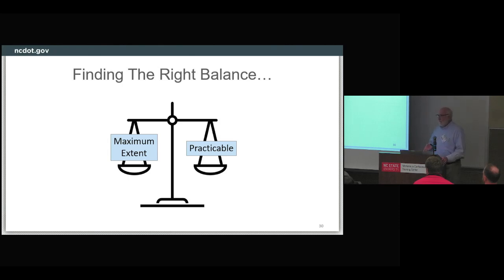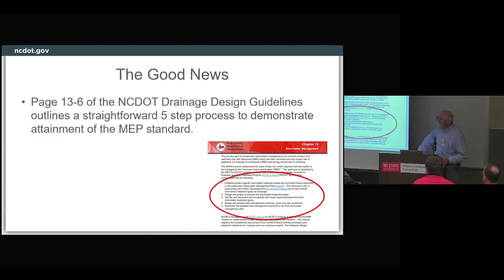Finding the maximum extent of stormwater treatment that you can do on your project that's practicable. So always keep that in the back of your mind. But here's the good news. Our updated 2022 hydraulics drainage guidelines include a fairly straightforward five-step process that if you follow, you will be achieving the MEP standard and you're good to go.